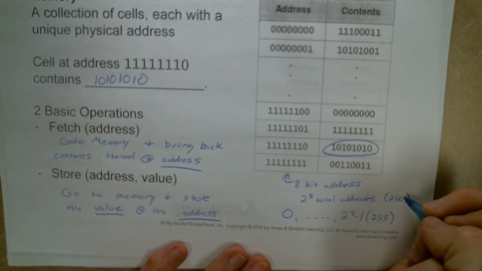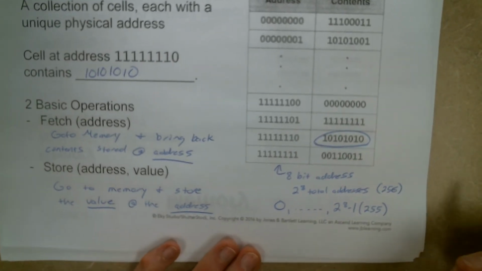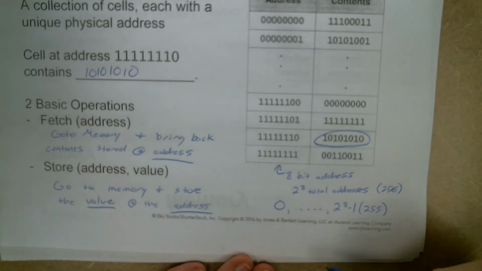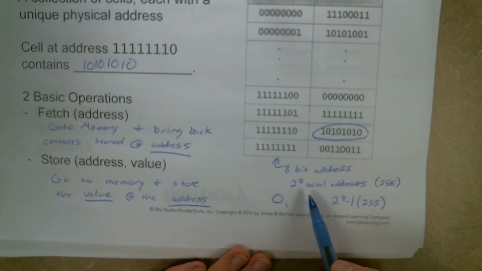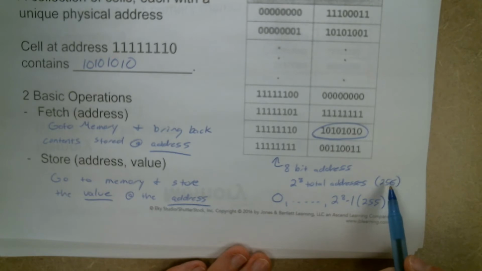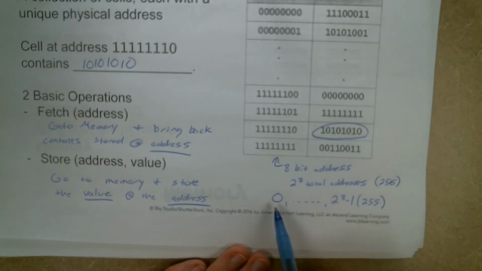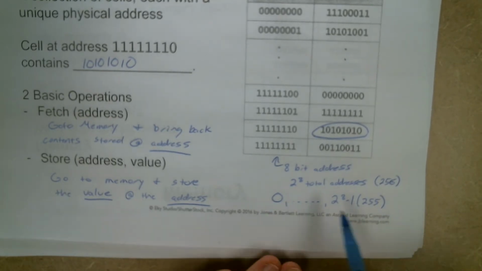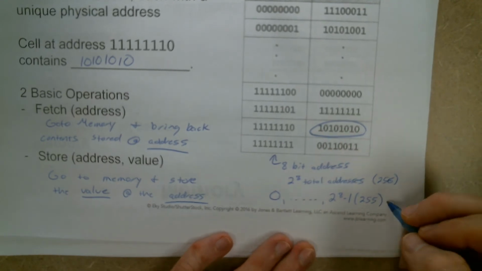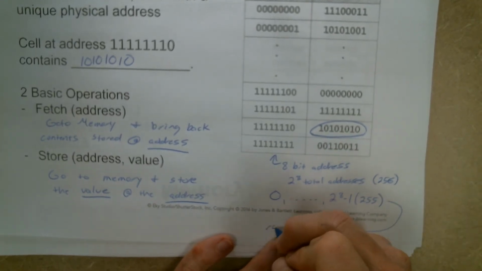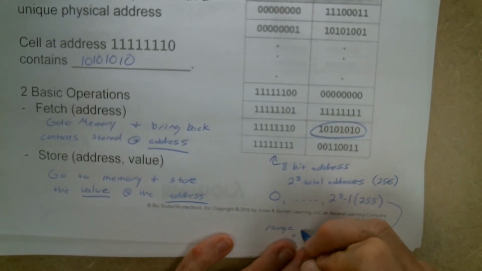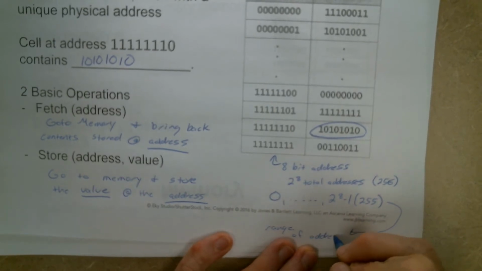We saw this back in Unit 1 when we were dealing with what's the largest number you can represent, what's the smallest number you can represent. There are 256 different addresses, but those addresses are numbered from 0 to 255. This would be considered our range of addresses.